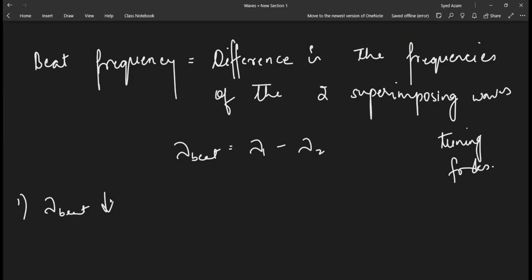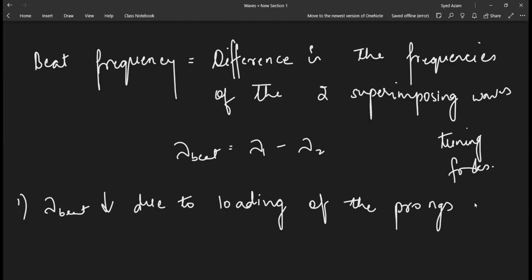Let's say two waves have superimposed and the beat frequency has decreased due to loading of the prongs of the tuning fork, means you are adding some more wax. And this tuning fork has an unknown frequency.